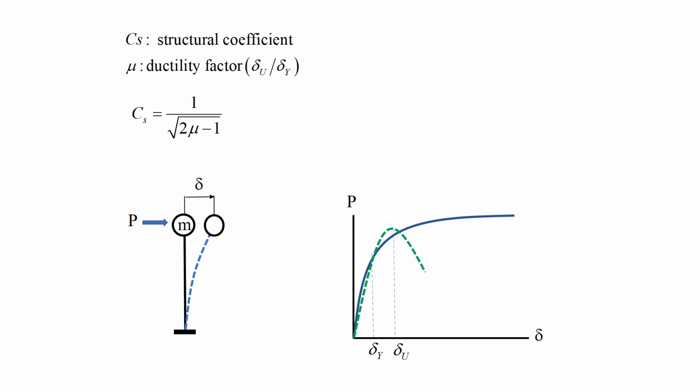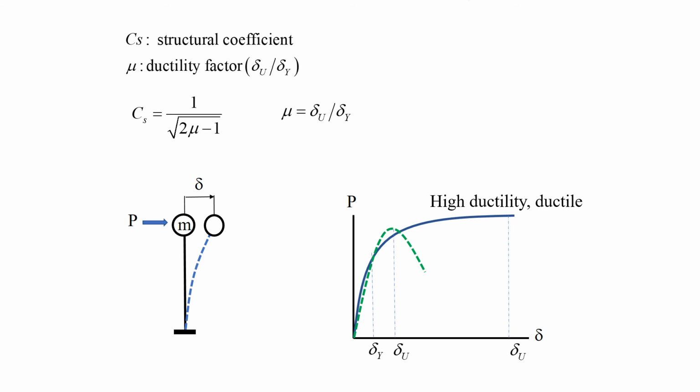The structure with the green curve sharply decreases after the peak with the ultimate displacement delta U. The structure with the blue curve continues to increase until the peak with the ultimate displacement delta U. The ductility factor is defined by delta U over delta Y.